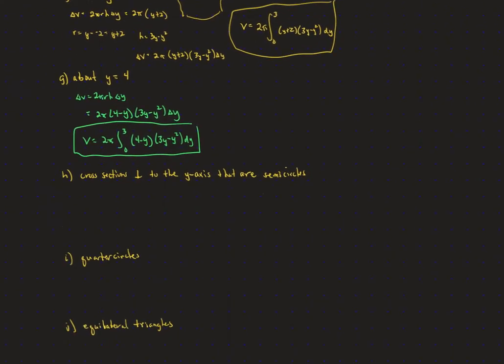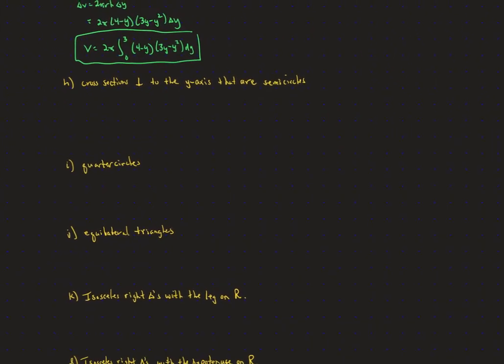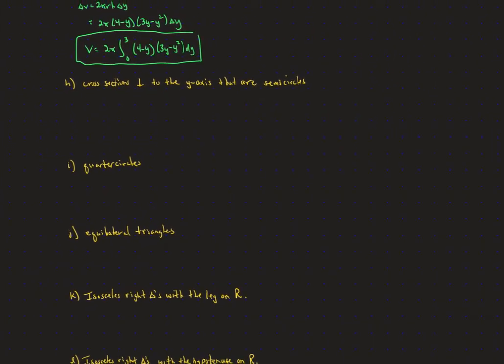Okie doke. Let's go to cross sections perpendicular to the x-axis that are semicircles. And just kind of redraw over here. Remember, we got this sideways parabola, and we're taking our rectangles perpendicular to the y-axis. So we're saying that we've got coming out from the iPad here a semicircle. This is what we're looking at, our cross-sectional piece.